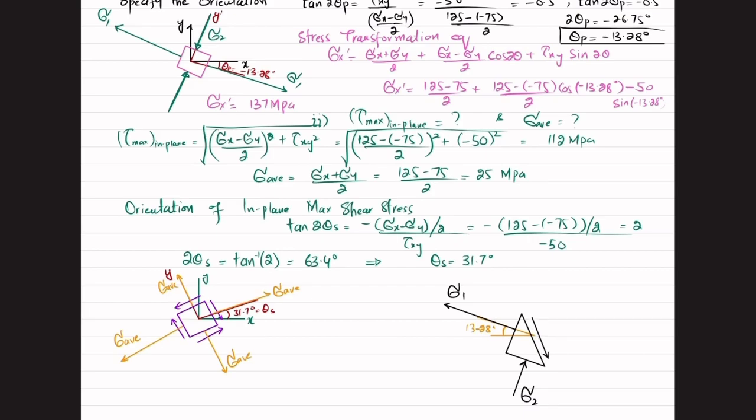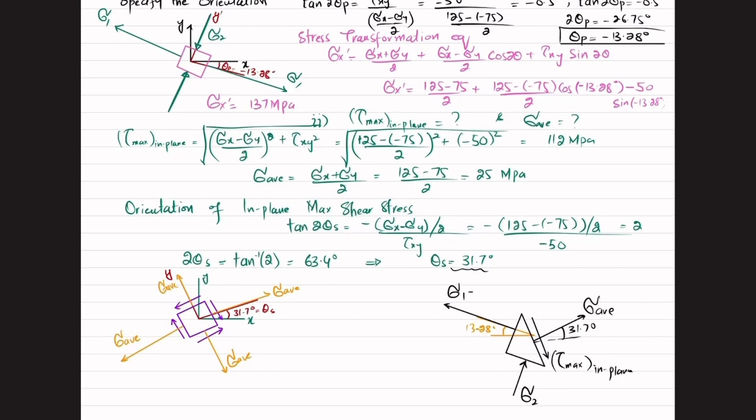Clear? This is maximum in-plane shear stress, and your normal force acting with that will be this average stress, which will make an angle of 31.7 degree. Clear?